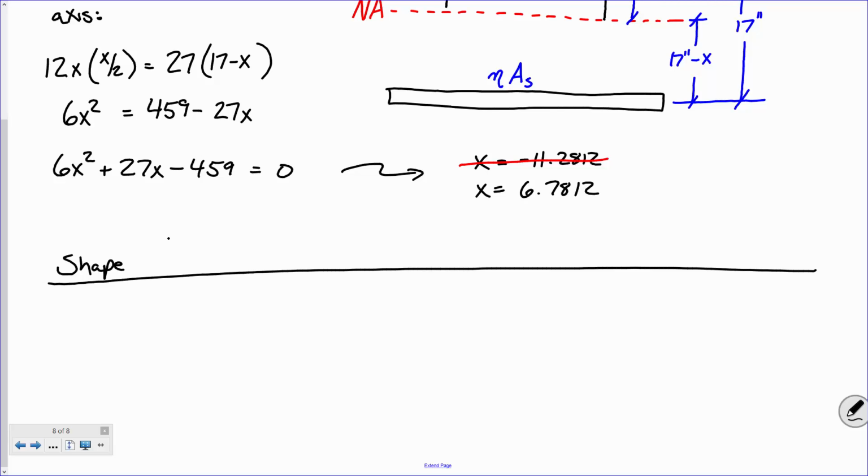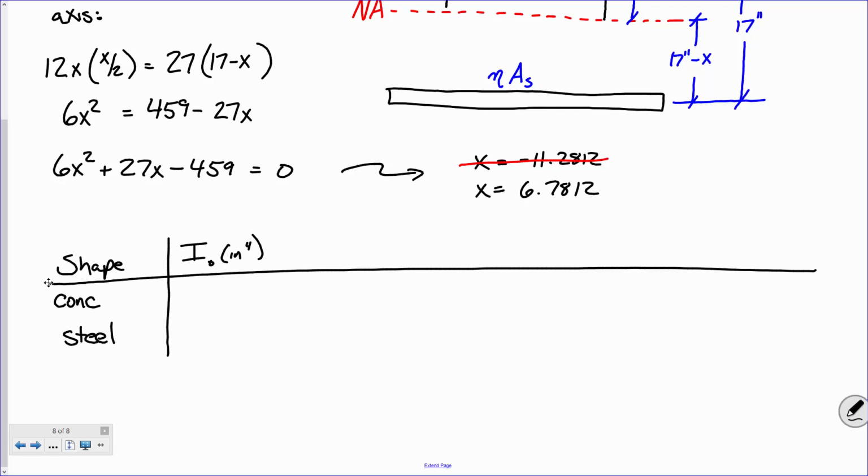We have a shape, and for the sake of description, I'll say the shape is concrete and steel. So we need to calculate a moment of inertia, an area, and a distance. Let's start off with the moment of inertia.